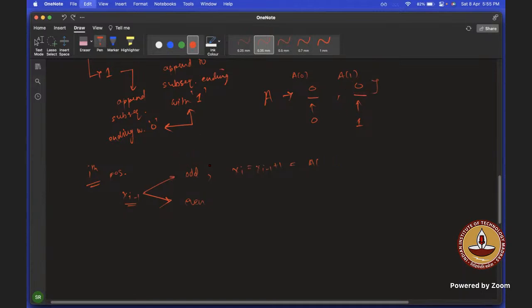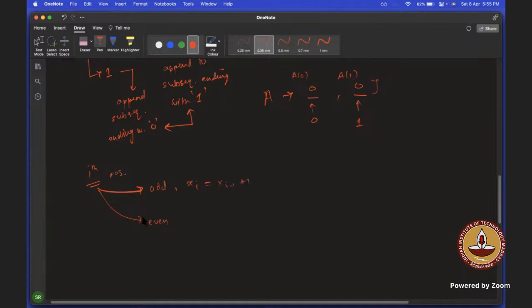Okay, let's look at it with another approach that would be more clear. Now let's consider if the ith position was odd, and under the condition if it was even. So what would be xi? Xi is xi minus 1 plus 1, right?